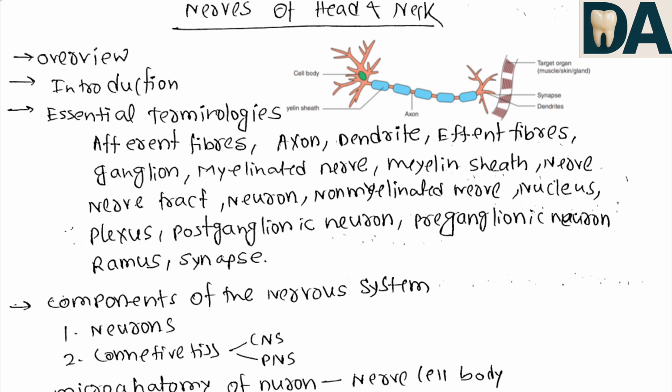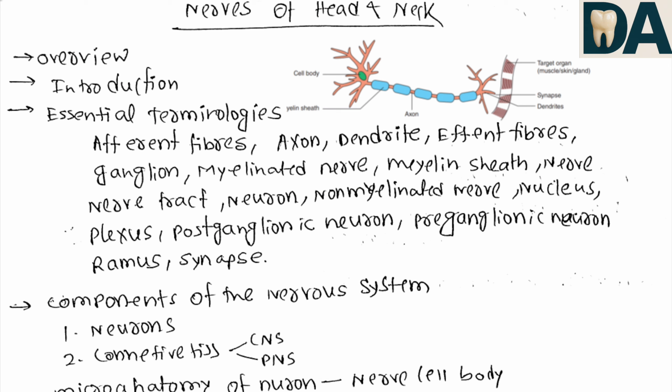Myelinated nerve. A nerve with a myelin sheath is called a myelinated nerve. Myelin sheath. An envelope of myelin that helps in rapid conduction of impulses, formed by the membrane of the Schwann cell in the peripheral nervous system and by the oligodendroglia cells in the central nervous system.